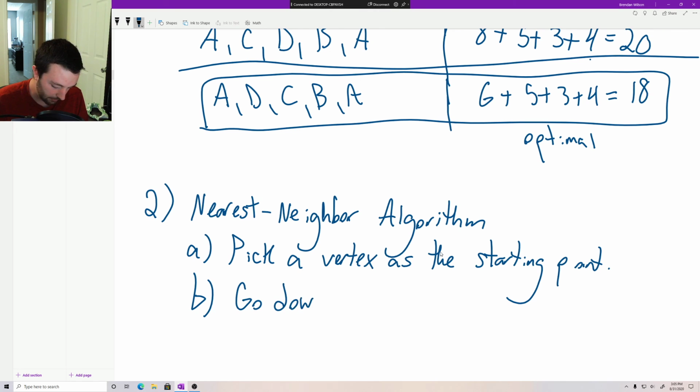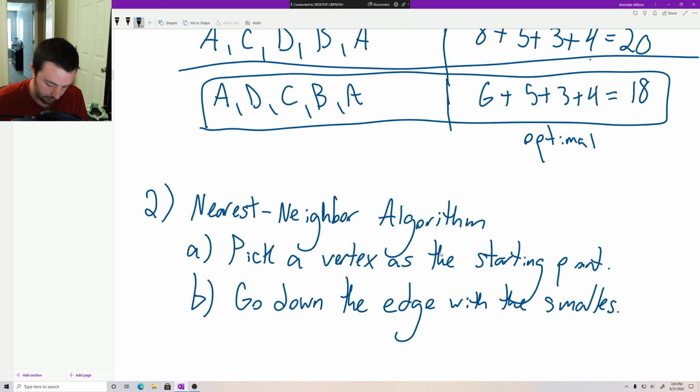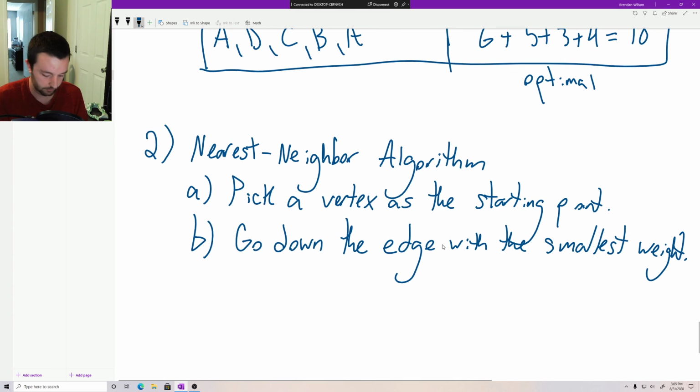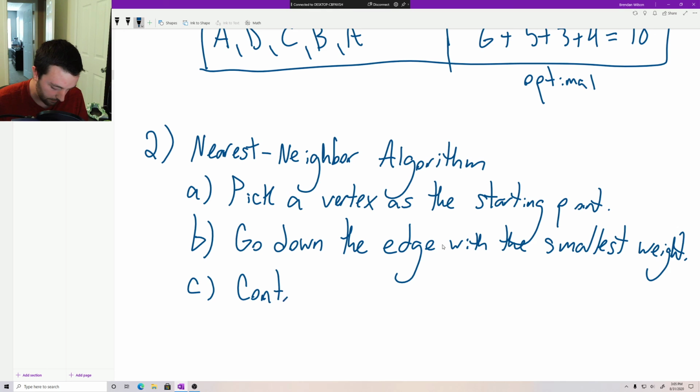Then we want to go down the edge with the smallest weight. If there's more than one, just choose one. It doesn't matter. Okay. C, just continue building the circuit.